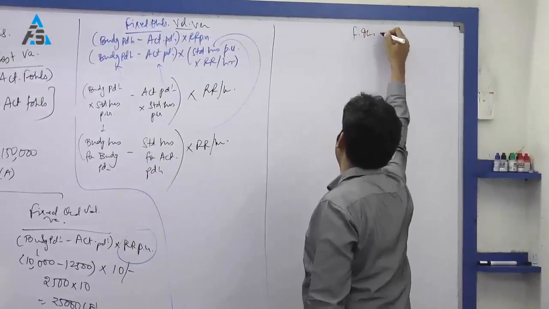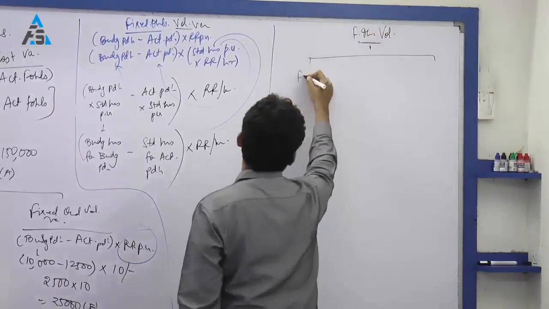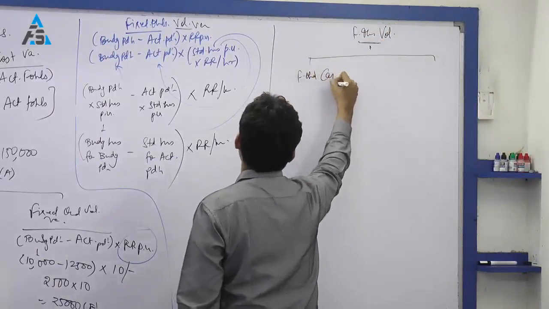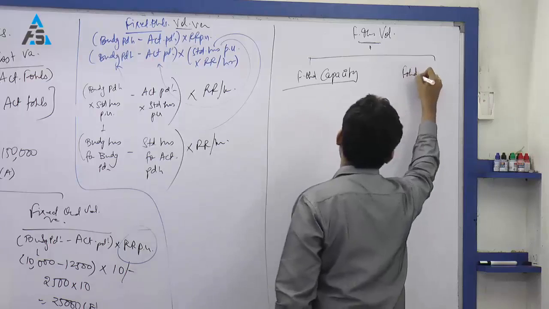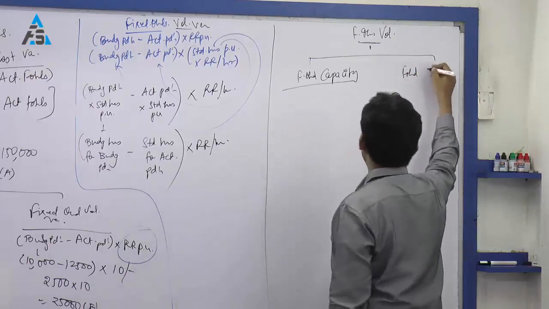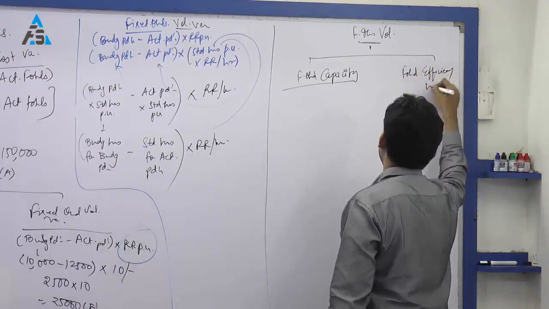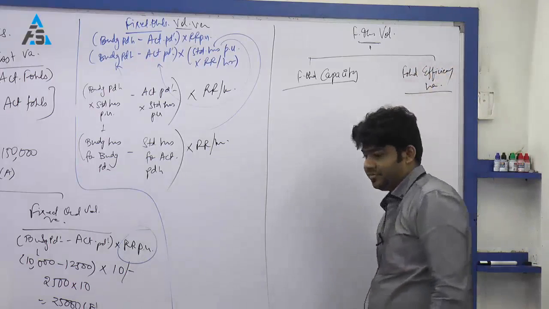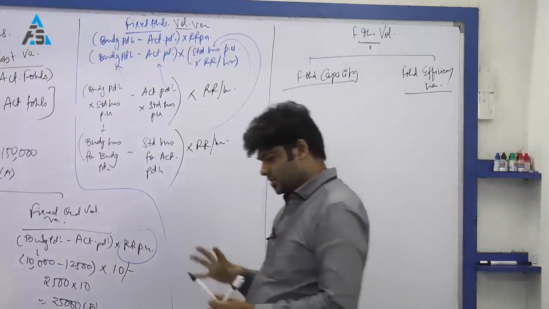Now this fixed overhead volume variance can further be subdivided into fixed overhead capacity variance and fixed overhead efficiency variance. Correct? Now fixed overhead capacity variance. What is the capacity? Just giving you an example.